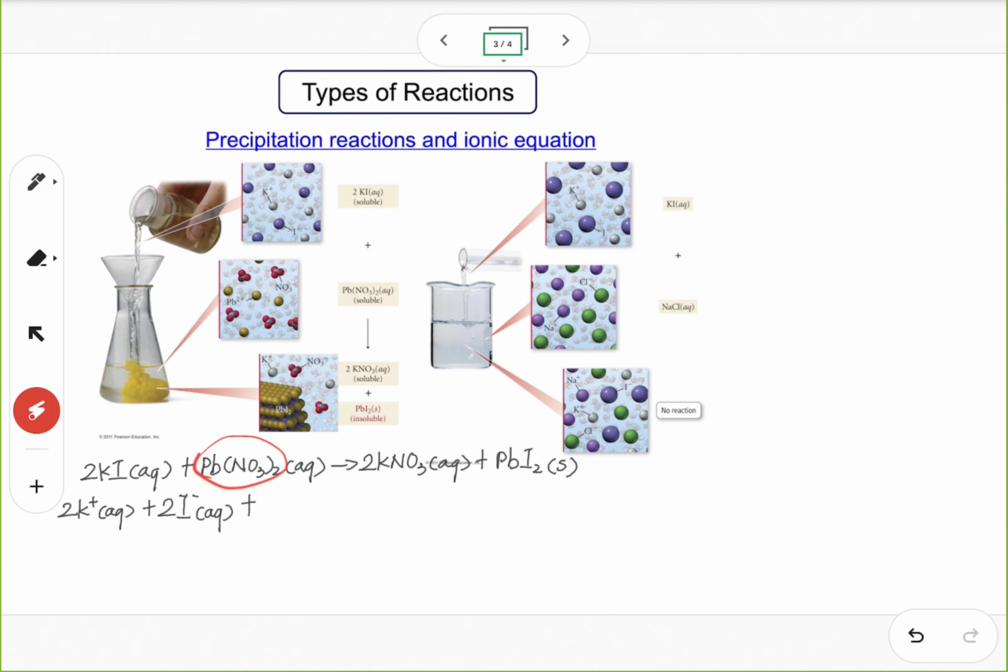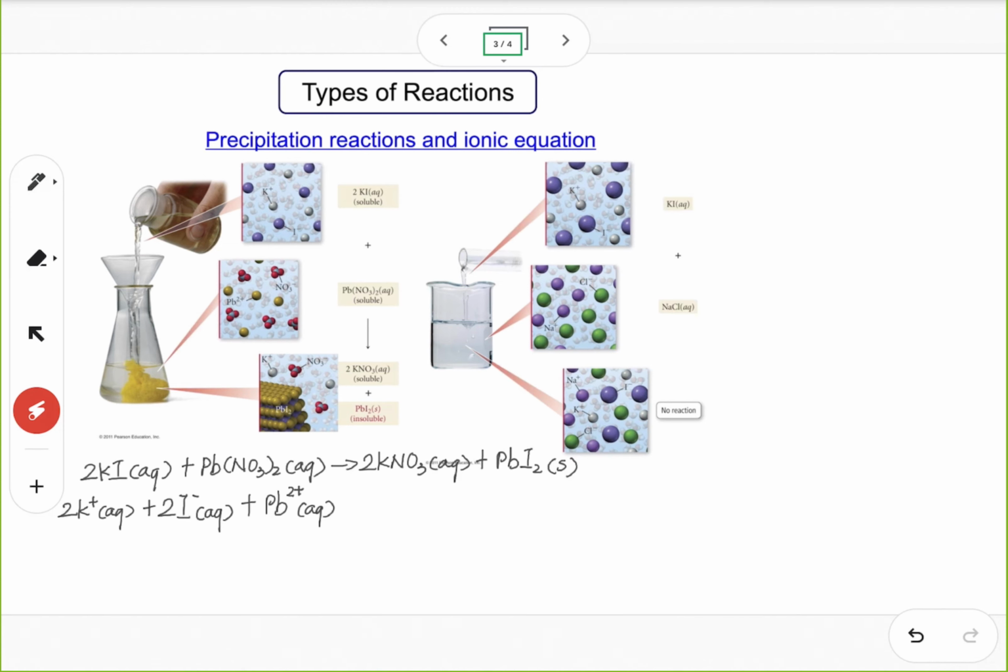Now the second reactant will generate 2 ions also. The first one is lead 2+. It is soluble. When you dissociate the ionic compound, the state of the ions will be the same as the state of the ionic compound, if the ionic compound is soluble and can dissociate.